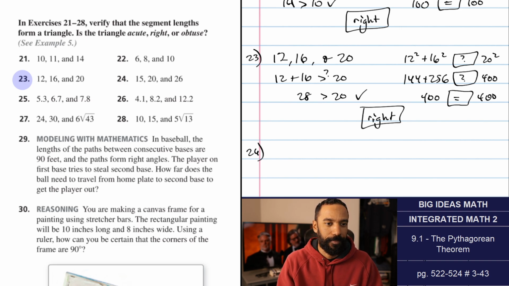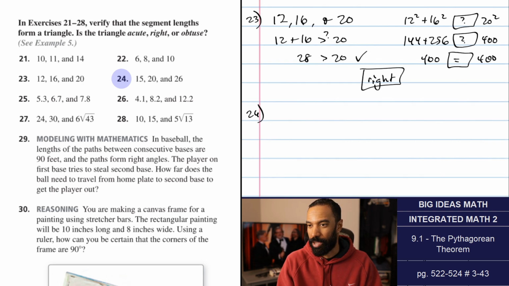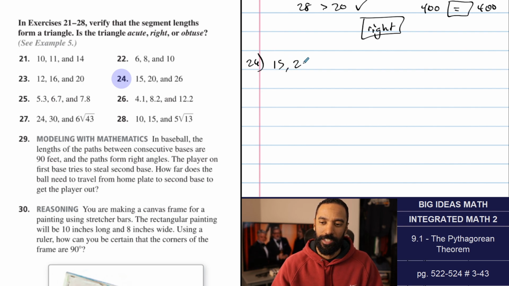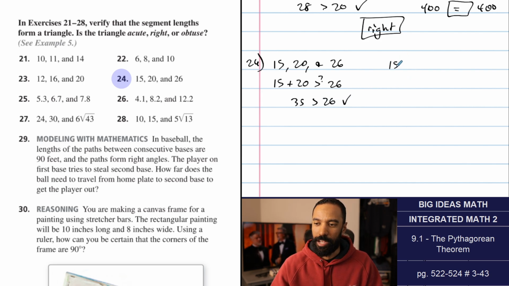Number 24. 15, 20, and 26. Not a Pythagorean triple as far as I'm concerned. So 15, 20, and 26. Let's check and see if 15 plus 20 is greater than 26. 35. That's greater than 26. All good. Let's now try 15 squared plus 20 squared and compare that to 26 squared.